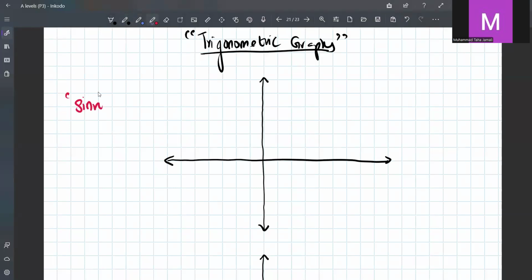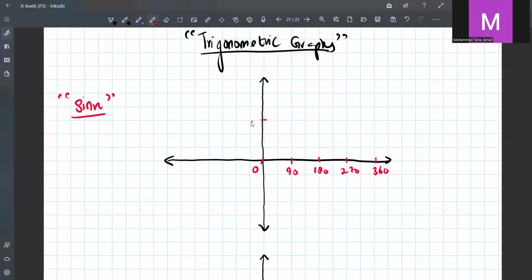Sin x first. So here we have 0, 90, 180, 270, and 360.